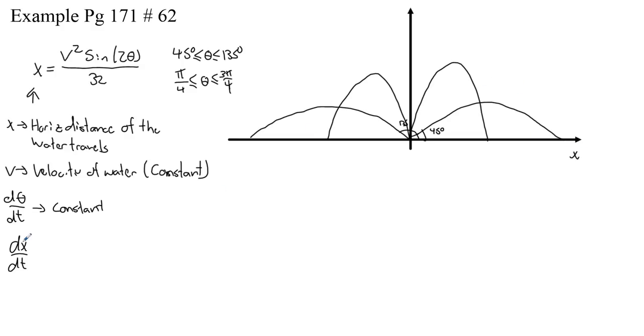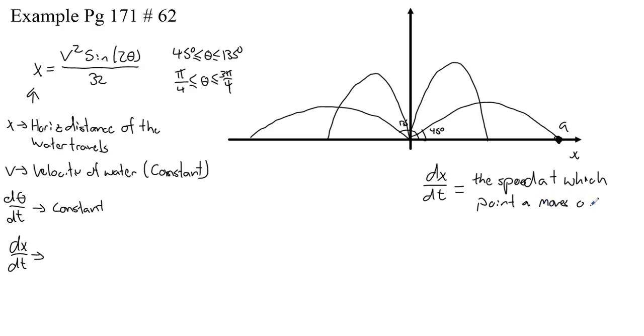And so dx over dt represents the speed, and I'm going to call this point A just so I can explain it, at which point A moves on the x-axis.